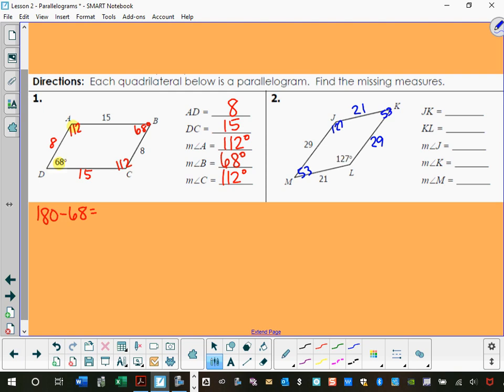So JK should have been 21. KL should have been 29. Angle J was 127? Angle K was 53 degrees. And angle M was 53 degrees. All right, pretty easy? It is going to get a little bit more difficult.